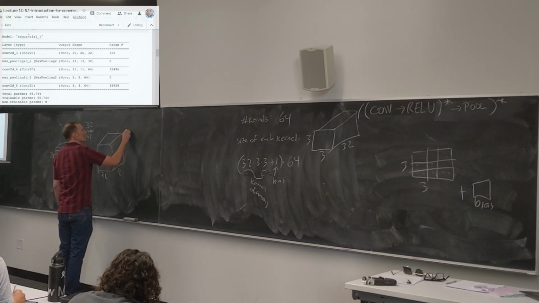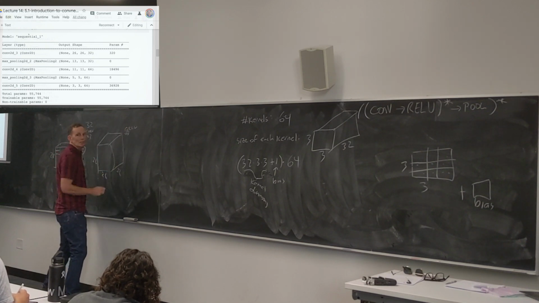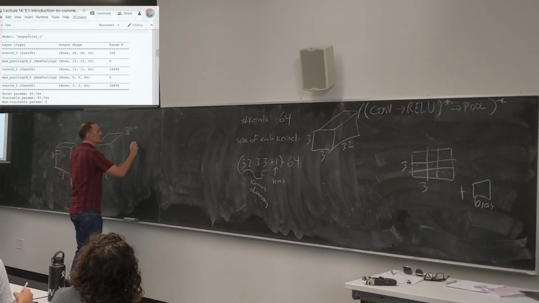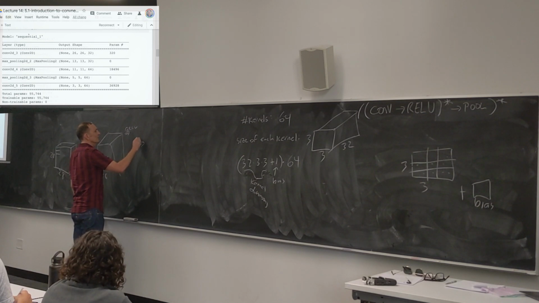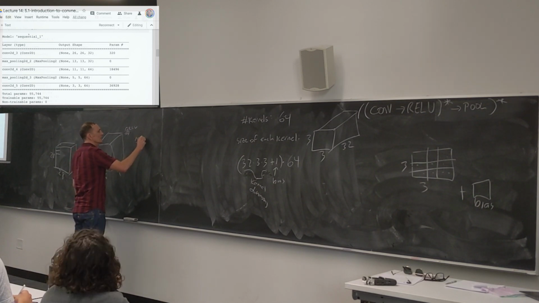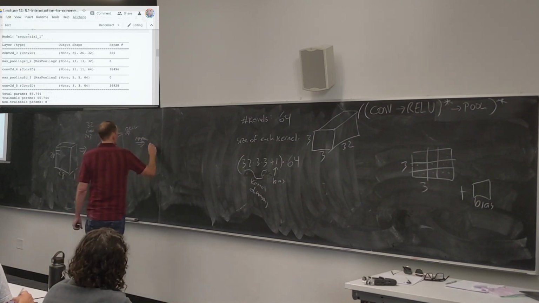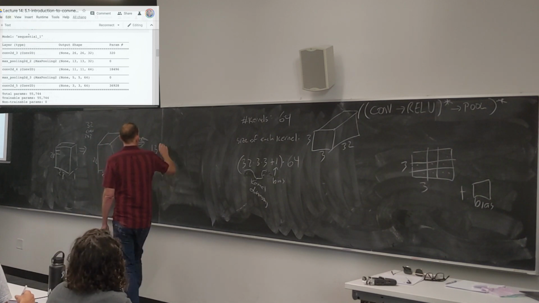We take that to a ReLU, which doesn't change the size, and then we take it to a max pool, which takes us to 13 by 13 by 32.